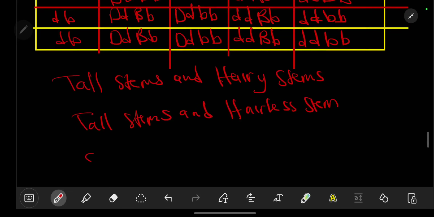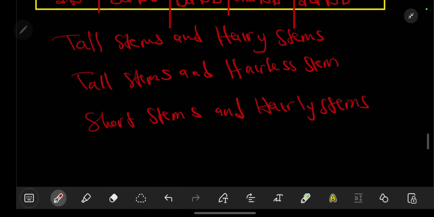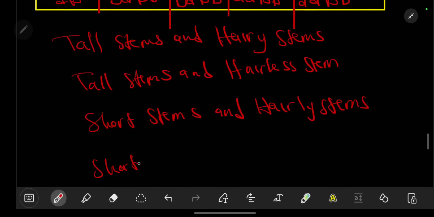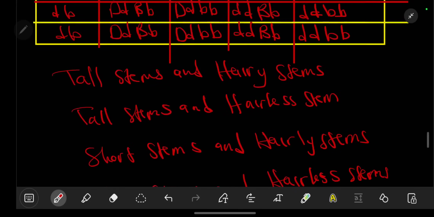Then we have short stems and hairy stems. We have short stems and hairless stems. So we are going to count.